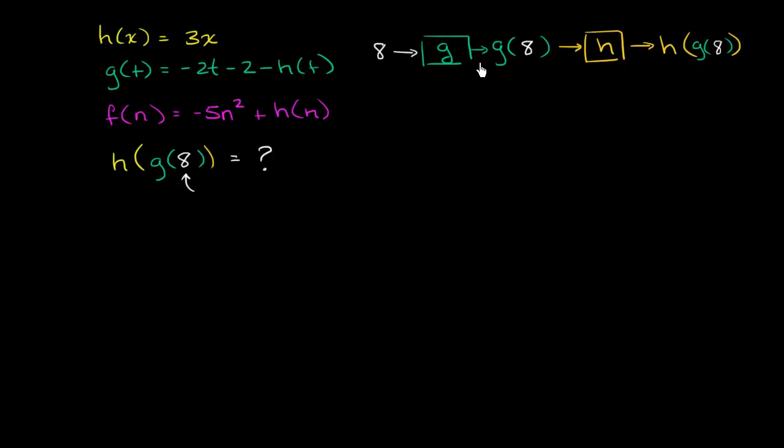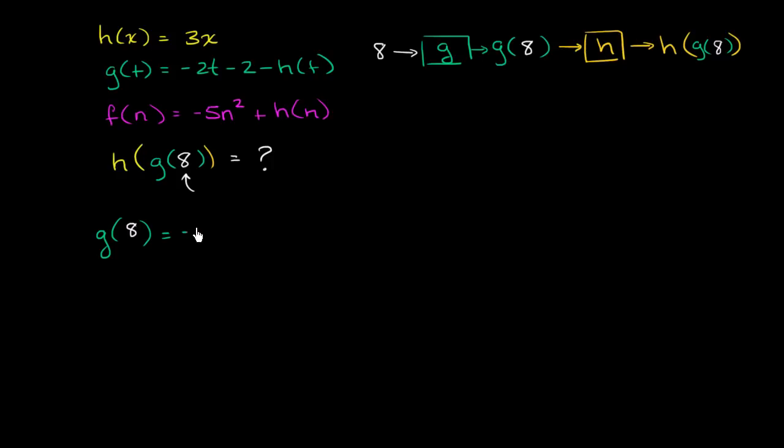Let's figure out what g of 8 is. I'm going to color code it so we can keep track of things. G of 8 is equal to, well, g of t, we have our definition here. So our input now, instead of a t, is 8. Every place where we see a t in this function definition, we replace it with an 8.